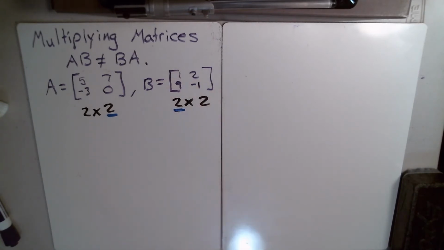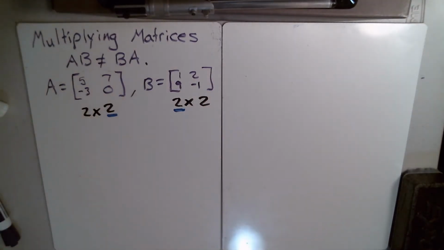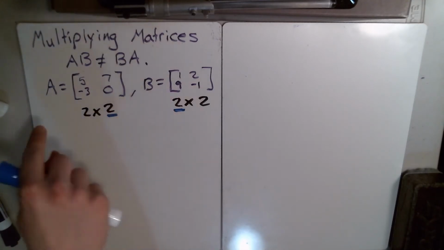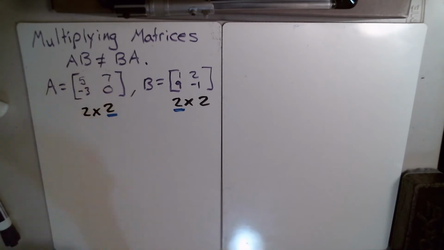And they are, okay? But if I switch the order, if I did B first and then A, these two numbers would also match, 2 and 2, because there's just 2's here. So it would work to do the other way as well. And so I'll show you how you get different things when you do AB than when you do BA.